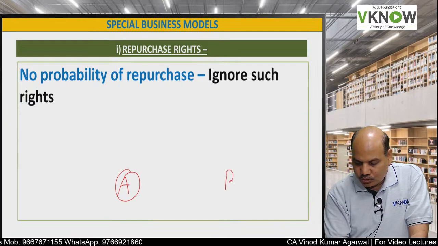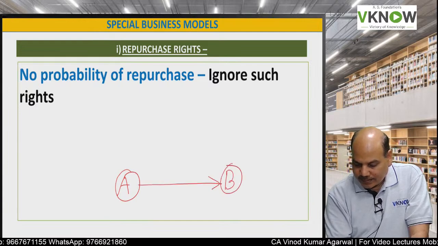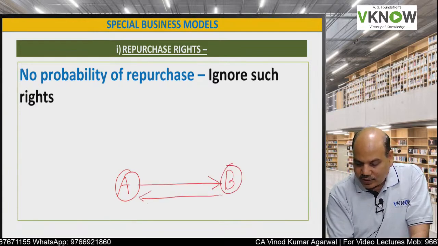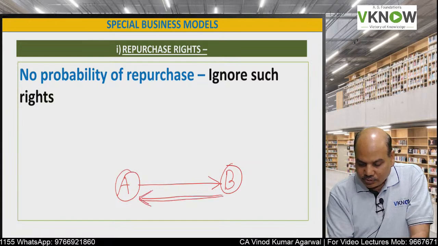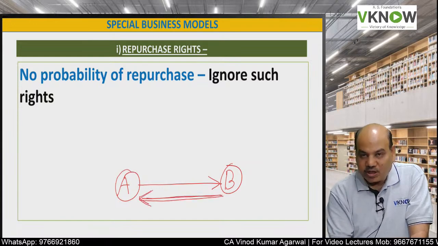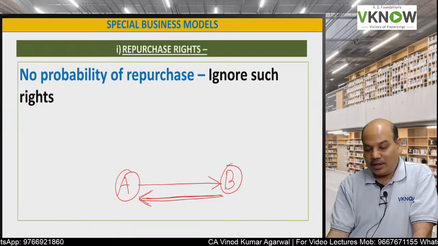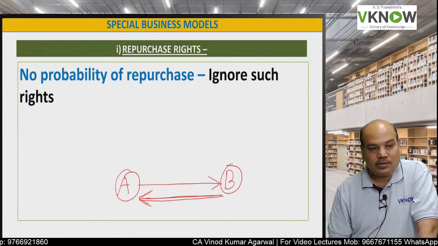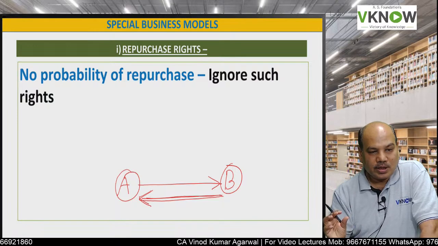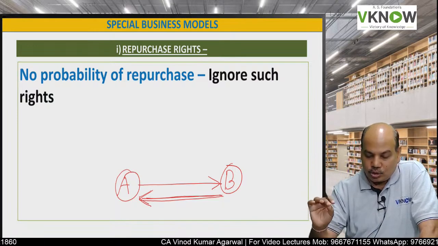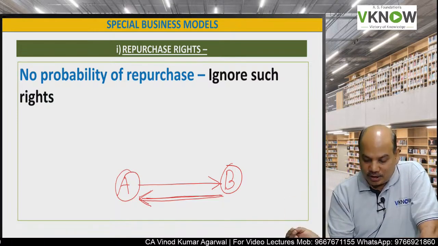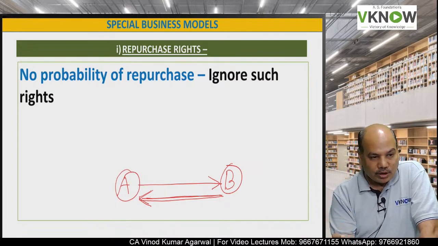A sold goods to B. Then the contract is designed in such a manner that these goods will be repurchased by entity A. How to do the accounting?